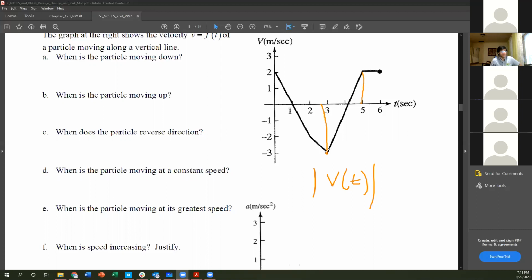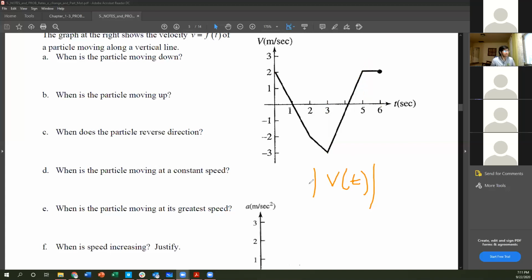That happens at this point right here, at t equals 3. You see that? Because it's the absolute value. Even though the velocity itself is greatest here, the speed is greatest here. Whereas if this had continued on up to here and then turned, then this would have been the greatest speed, because this is the further distance away from 0. Does that make sense?